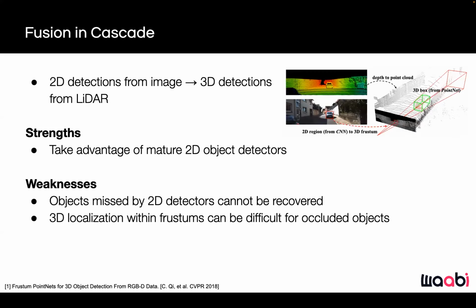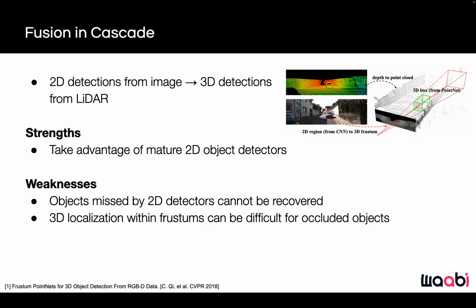For the cascade fusion approaches, a two-stage model is built. In the first stage, we produce 2D detections from the camera and convert them into 3D frustums using camera and LiDAR calibration. The second stage will then perform the 3D object localization, given the LiDAR points within each frustum.